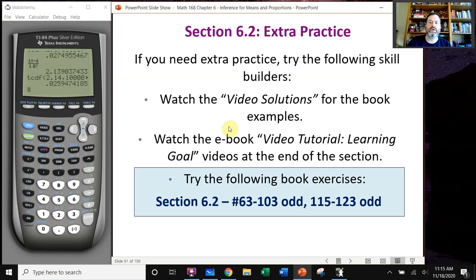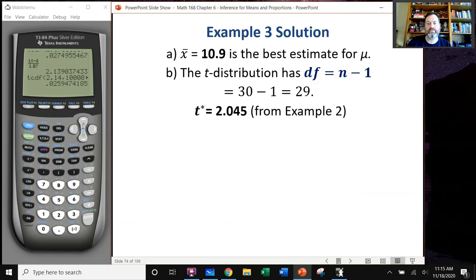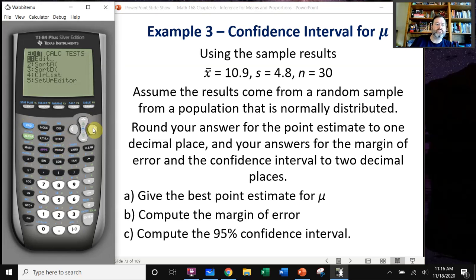Alrighty. So let's go back. I'm going to do 2 of them. I'm going to do example 3 using the shortcuts. So we're going to go to tests. This first one, we're going to do a 1 mean confidence interval. So you just want to scan through here and look for a confidence interval, and it's going to be a t interval, right? And we're just going to type the stats in.